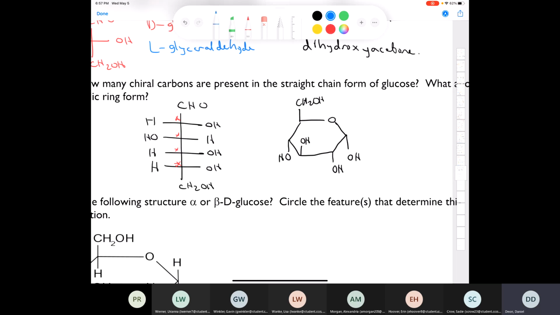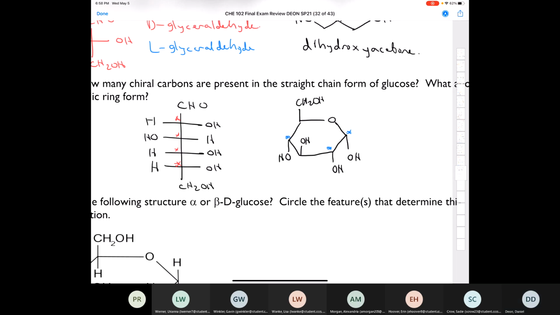We see that there are 1, 2, 3, 4, and then we have a fifth chiral carbon up here.